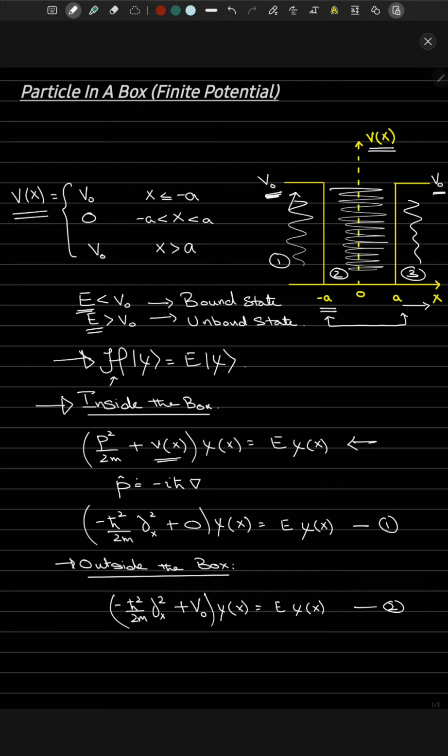Because if you look at this diagram, it is basically obvious that whenever you're getting closer to a potential, the value of the wave function should be decreasing, because you're approaching a barrier, and the probability of finding a particle closer to that barrier would be less when compared to anywhere between the barrier itself.